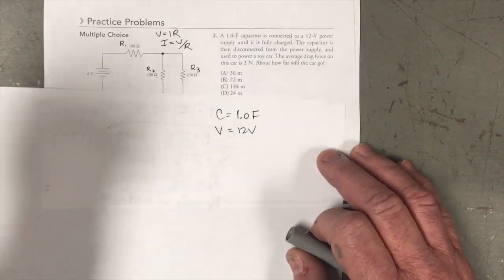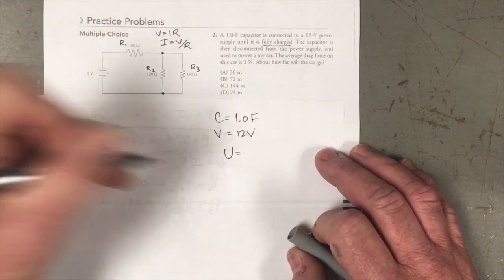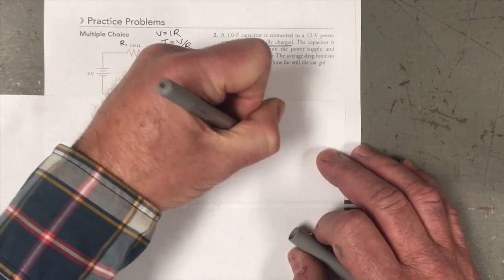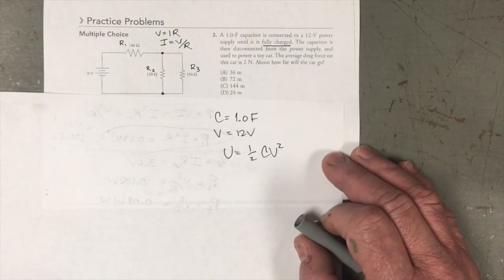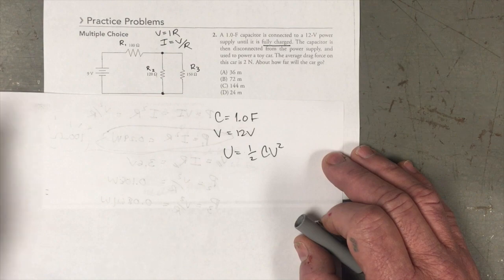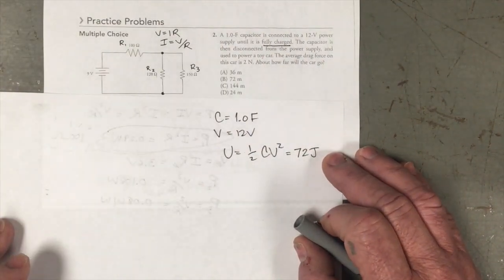You can calculate the energy stored when it's fully charged, because U, the energy stored by a capacitor, is 1/2 CV squared. That comes out to be 72 joules. So you have that much energy to work with.